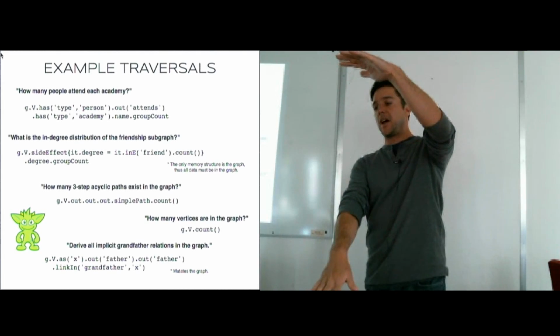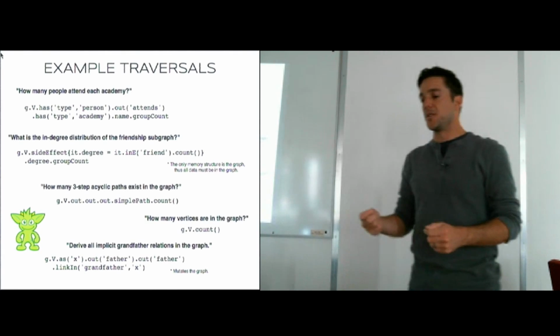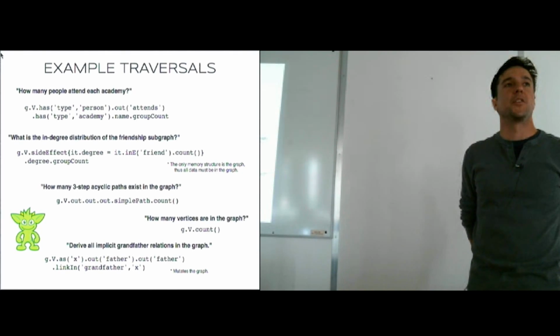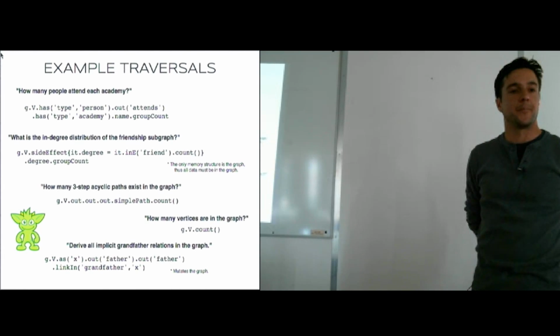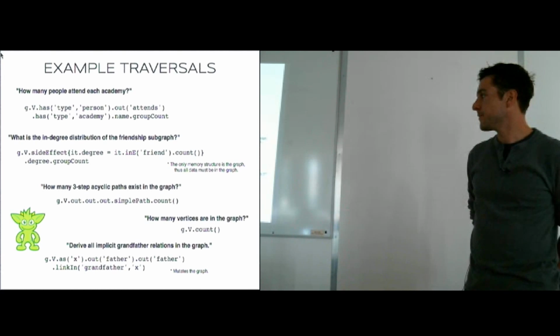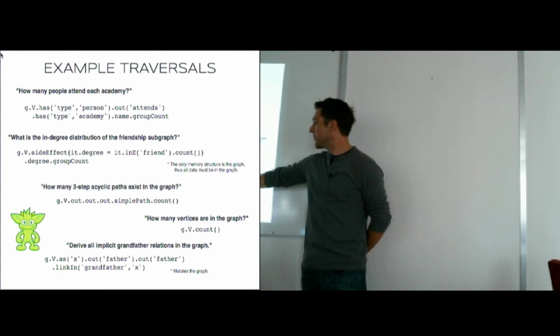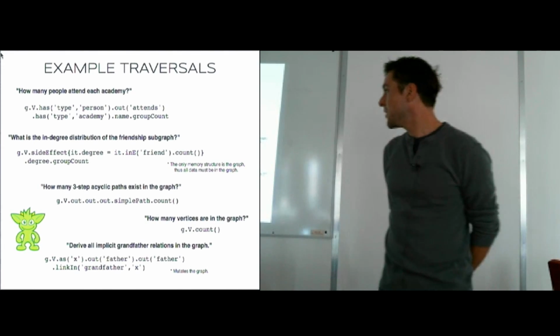Only the gremlins that don't have replicating non-unique histories are kept. And then I count how many gremlins there are after that filtering step. So this is the way of saying how many 3-step acyclic paths there are. Simple one: put one counter on every vertex and count how many counters you have.